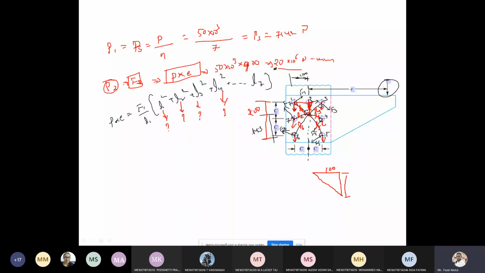Now the centroid we got is 114.3. So if you subtract 114.3 from 200, then we will get this answer.